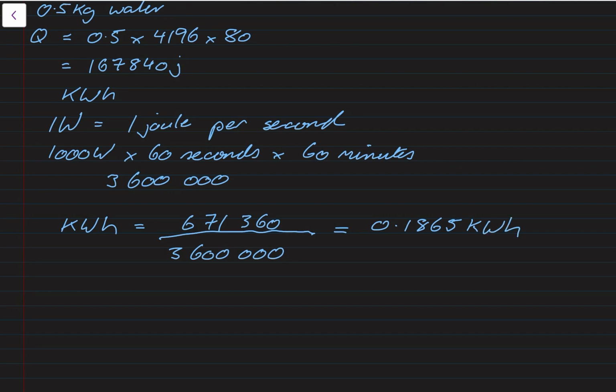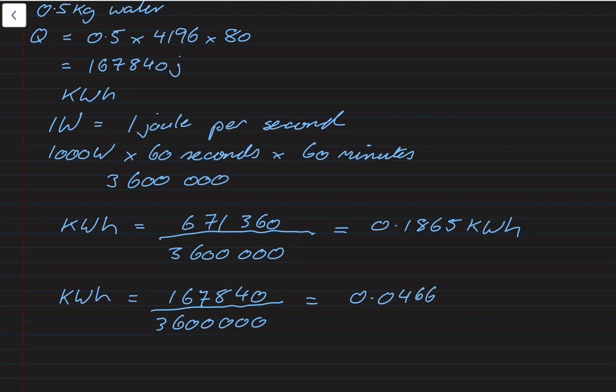So that's the first scenario with 2 kilograms of water. In our second scenario, where we had 0.5 of a litre, we ended up with 167,840 joules. Divide that by our 3,600,000 joules per kilowatt hour equals 0.0466 kilowatt hours.